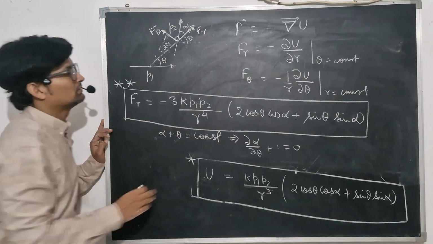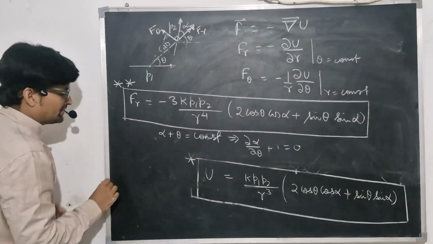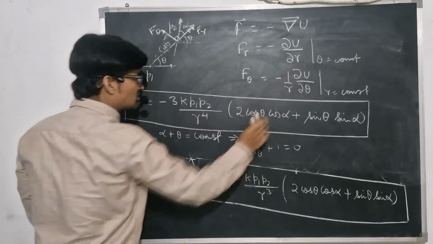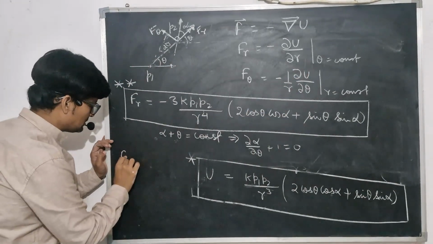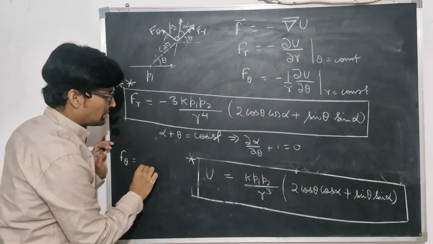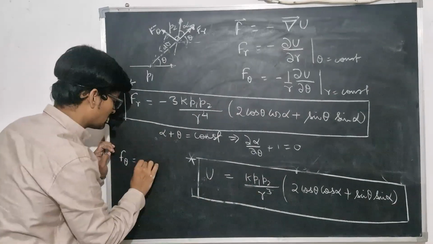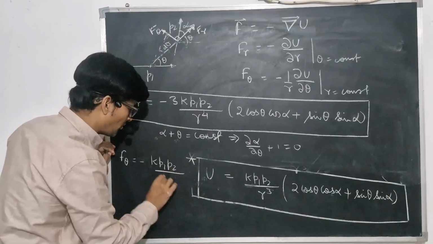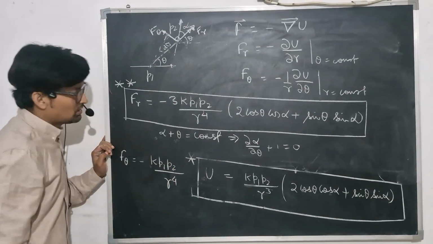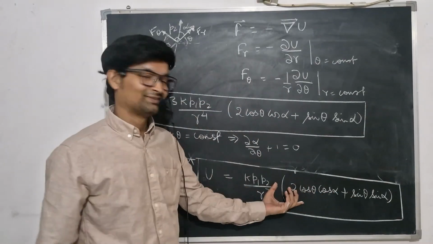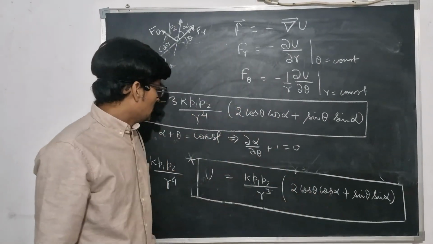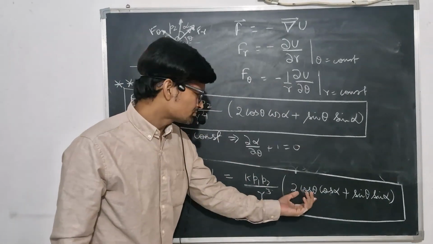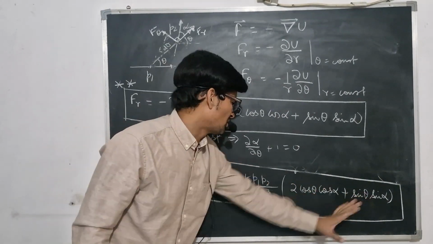So finally, what will be f theta? f theta is going to be minus 1 by r times this. So f theta will be equal to minus 1 by r, multiplying this, so it becomes minus k p1 p2 upon r power 4, and the derivative of this. How to take this derivative? I've already told you, take the product rule and then solve this.